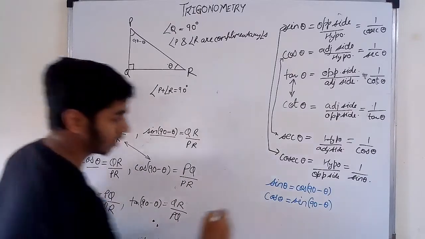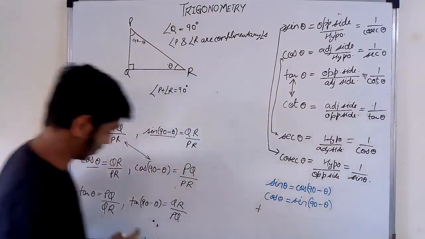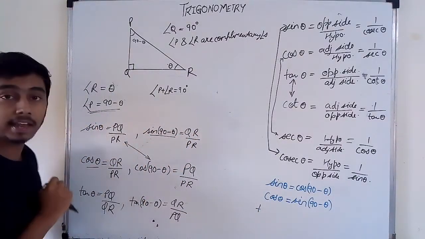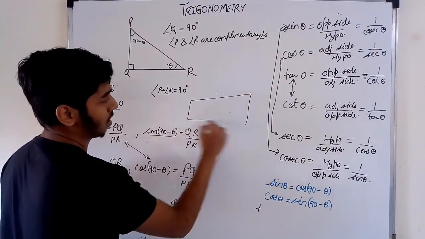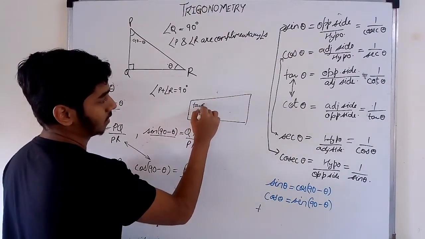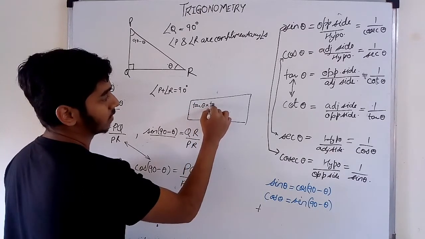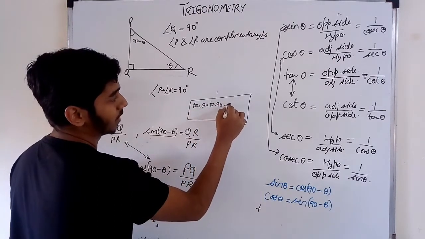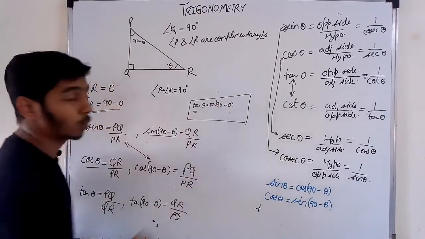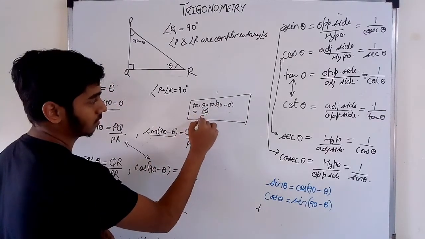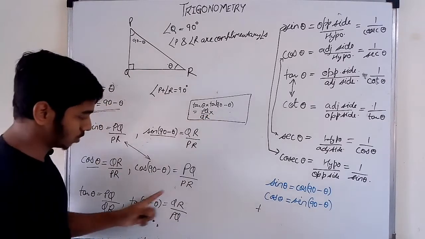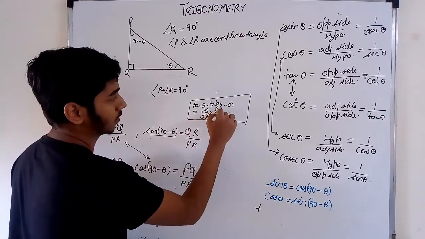Now if I multiply tan theta into tan 90 minus theta, what do I get? PQ upon QR into QR upon PQ.